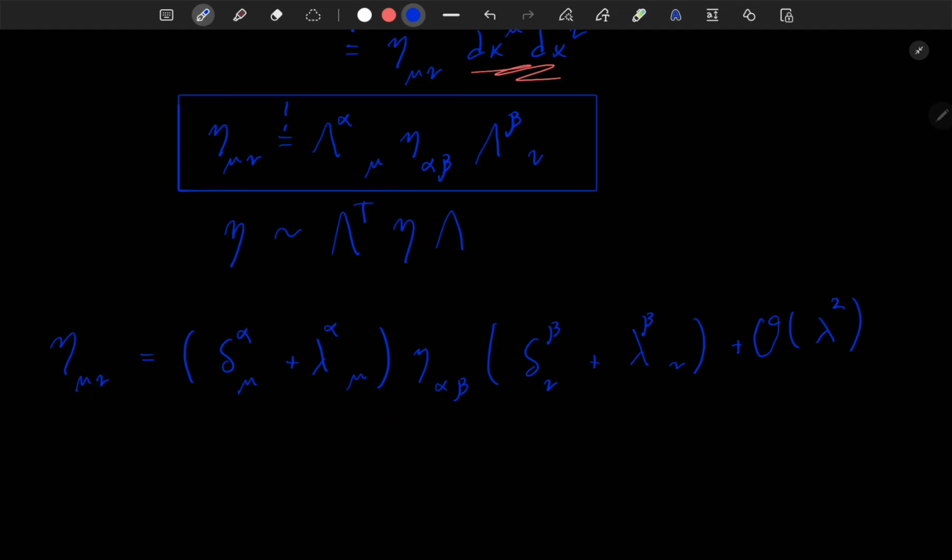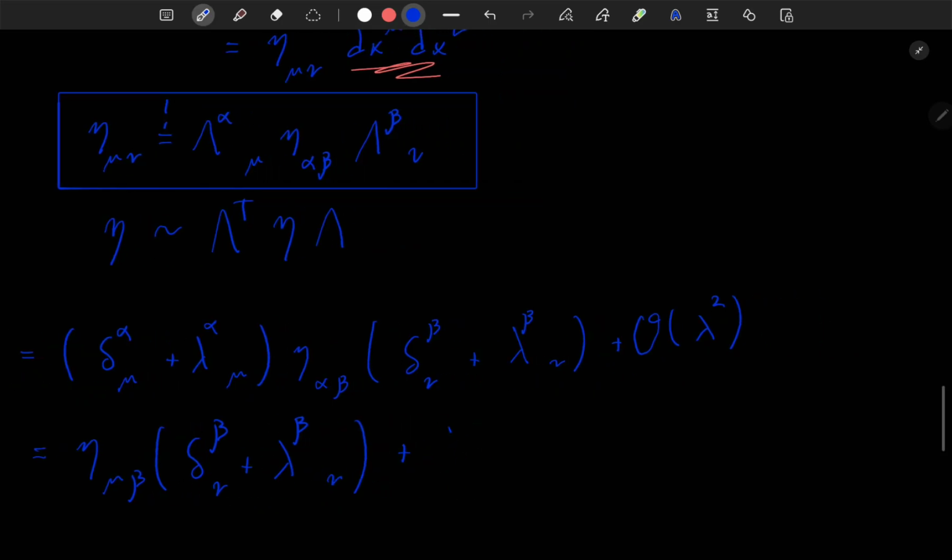So let's multiply this side first. We're going to have mu beta going on, and that's still multiplying that guy. That's from the first direct delta acting on the metric. And then we're going to add on this guy acting on the rest.